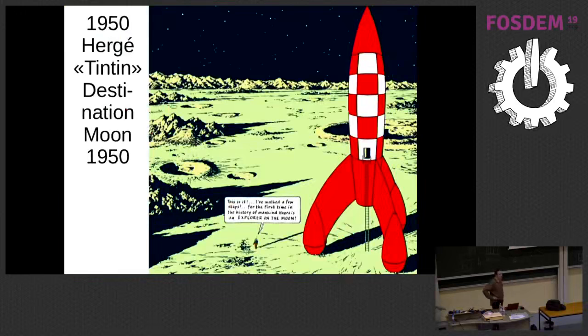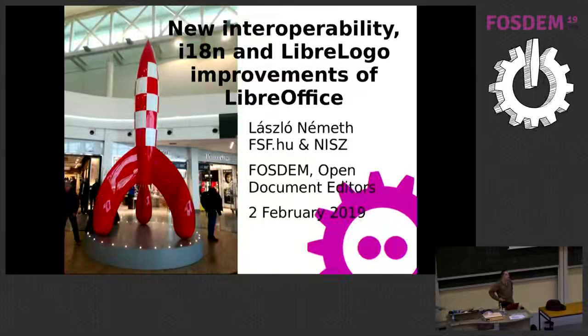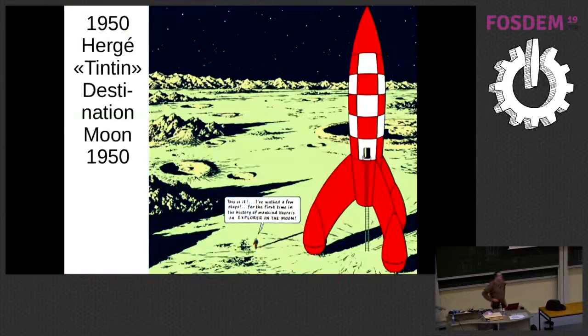The first picture I didn't mention, but this is the Brussels airport with this interesting statue. And my second slide showed a nearly 70 years old illustration from a famous Belgian cartoon, The Adventures of Tintin.